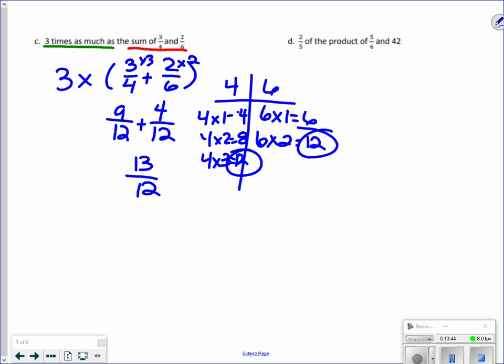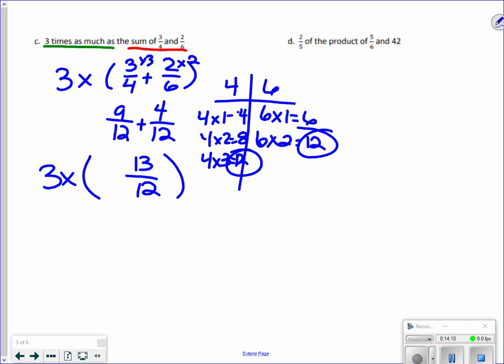So there you go. That's the polite thing. Are you okay? You all right? So you have to do 3 times the sum of this, which is 13/12. One thing that you can do is go ahead and multiply this.